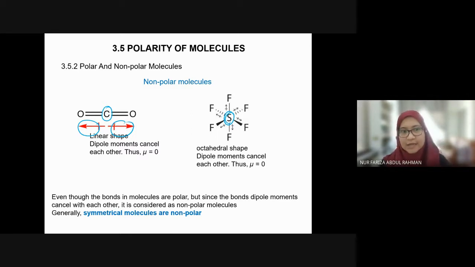Ada baki tak? Ada balance tak? Bila ni opposite direction and same magnitude kan? Opposite direction but same magnitude, therefore it can be cancelled out. So dia tak ada baki. The net dipole moment tu yang vector bersih tu, dipole moment bersih.